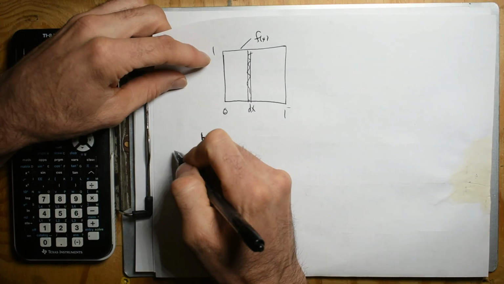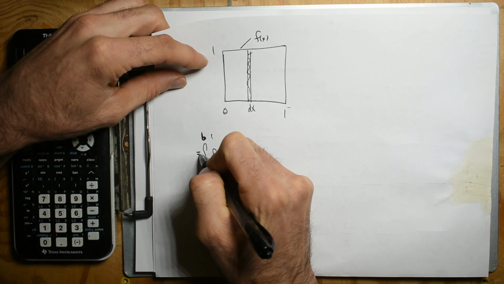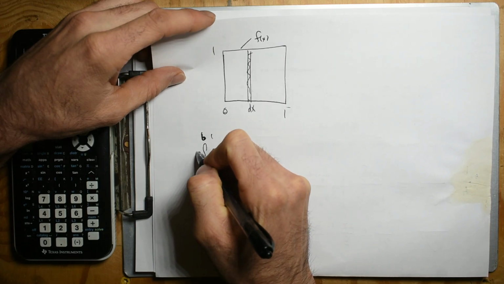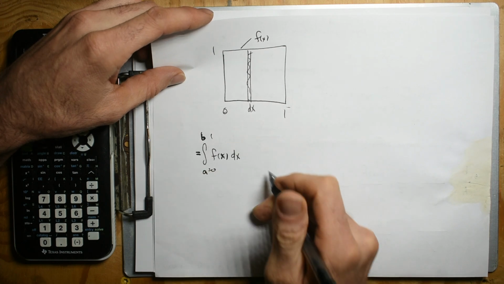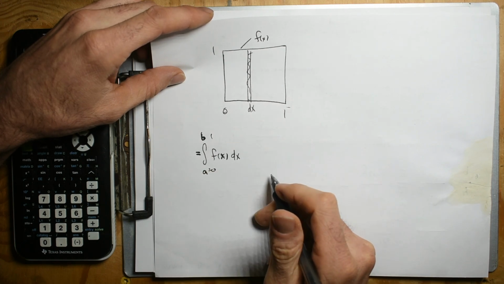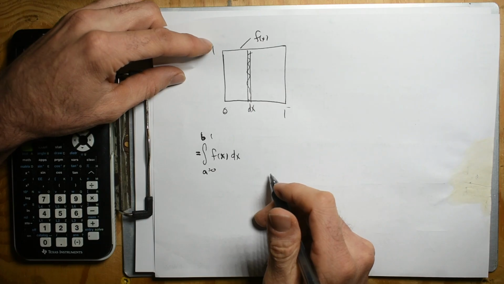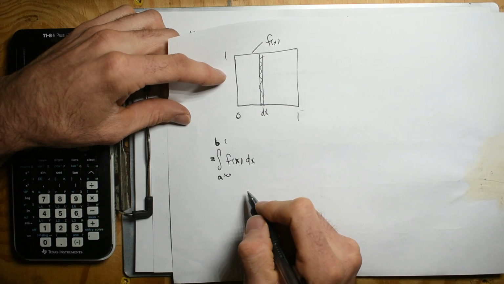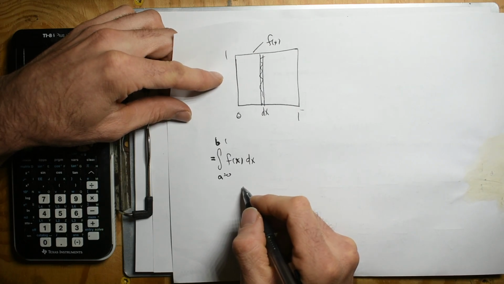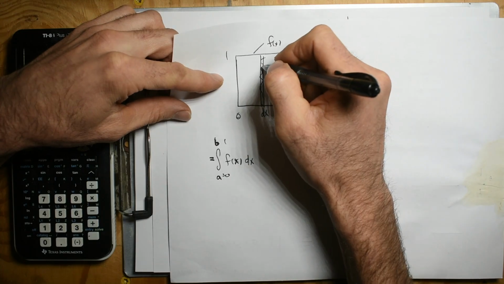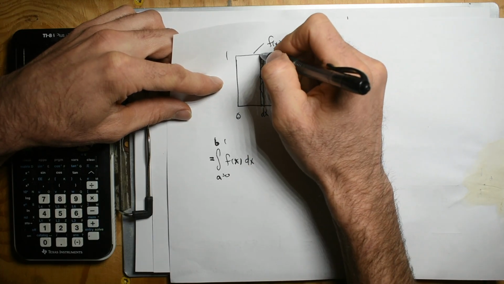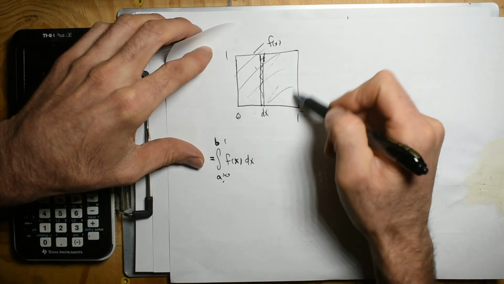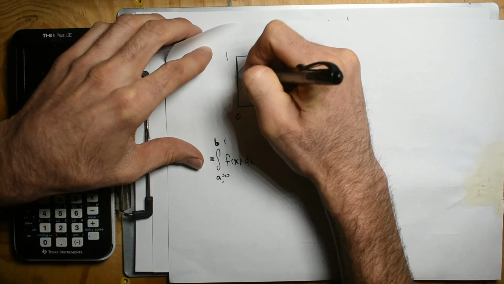Yeah, you're going to get an area. So taking this integral between these two limits gives you the area underneath this curve.